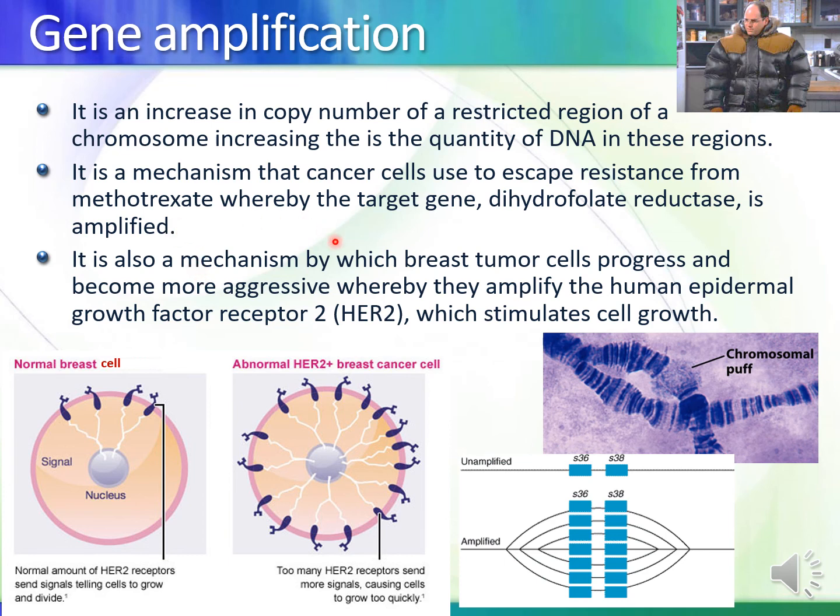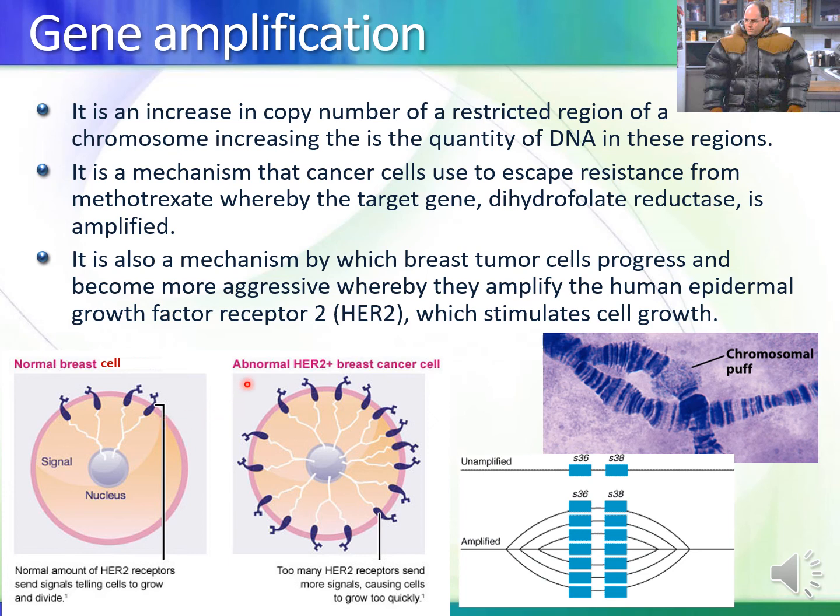So cancer cells overcome methotrexate by producing more dihydrofolate reductase by amplifying the gene itself. The same thing happens in breast cancer cells. Okay, normal cells have a limited number of receptor known as the human epidermal growth factor receptor 2 or HER2.